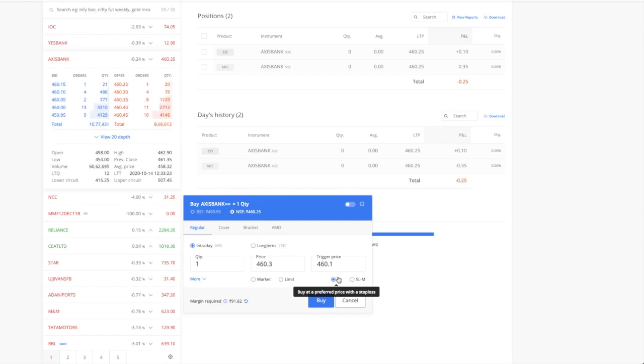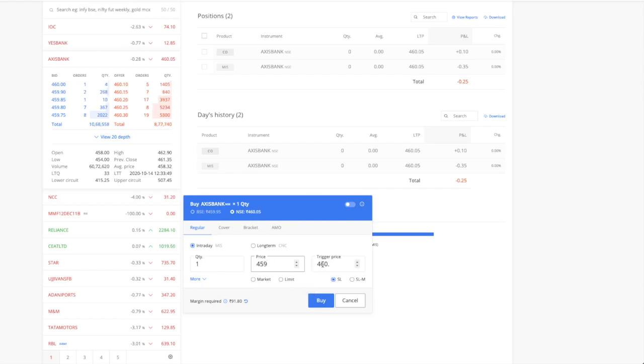See, we are using a stop loss to exit out our positions once our view has gone wrong, right? So let's say that you have sold something, you have kept a trigger price at 460, because if the price falls below 460, you understand you're wrong. Now let's say that you keep a price of 459, that is, you are willing to sell it only once the price is above 459.